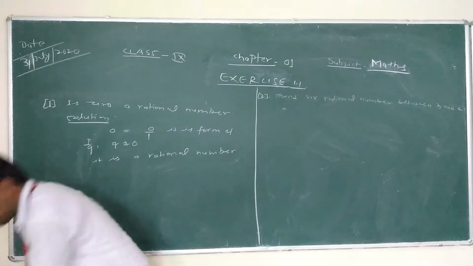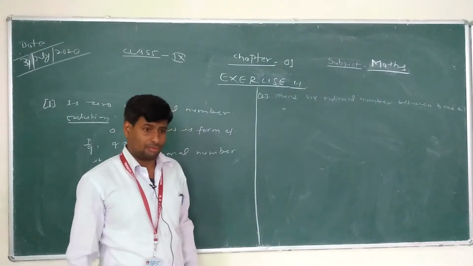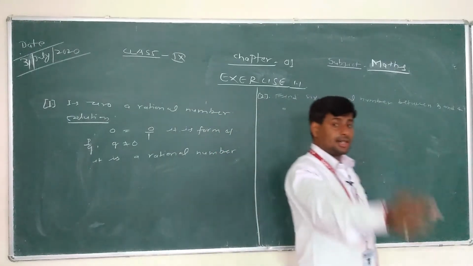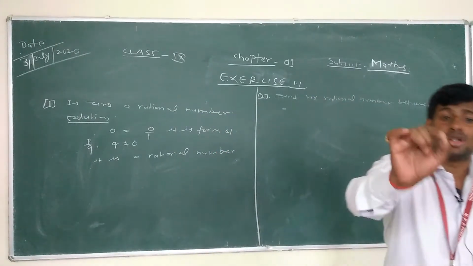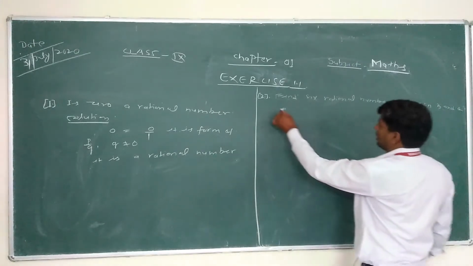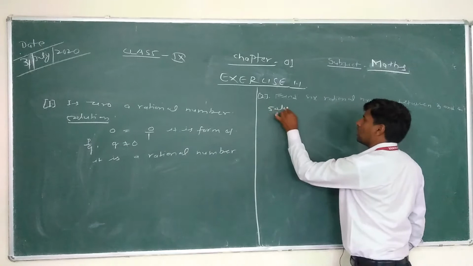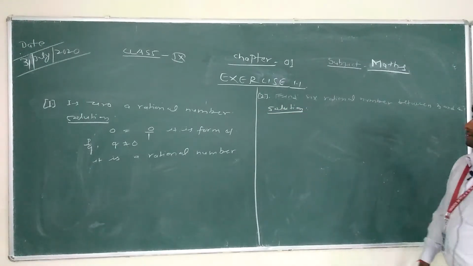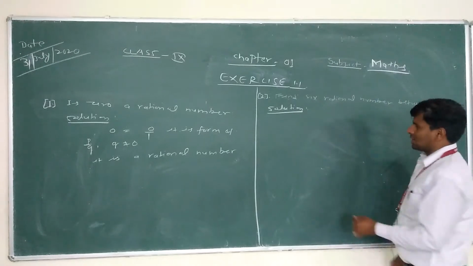You know that a rational number has two conditions. First, it is terminating, and second, it is non-terminating but repeating. So in this question we need to find 6 rational numbers. How can we get 6 rational numbers?